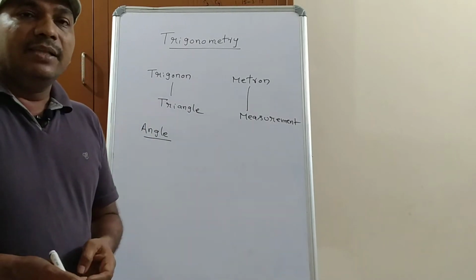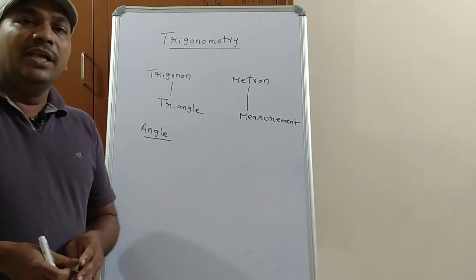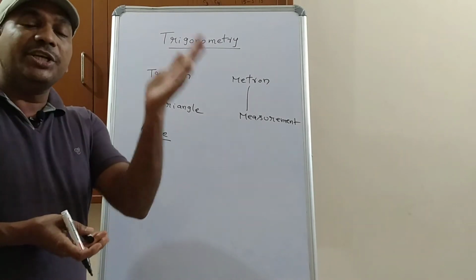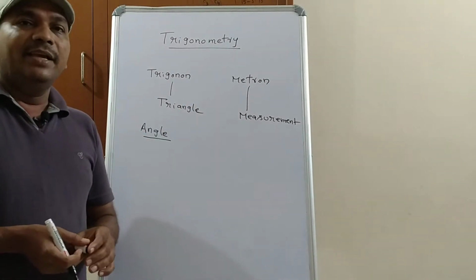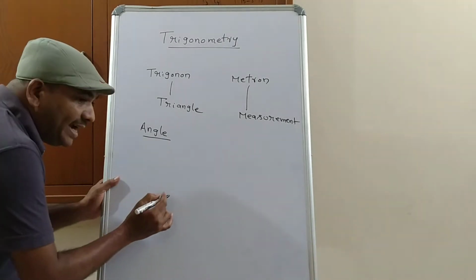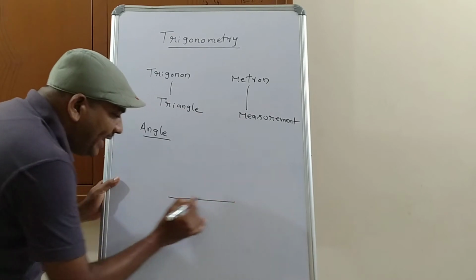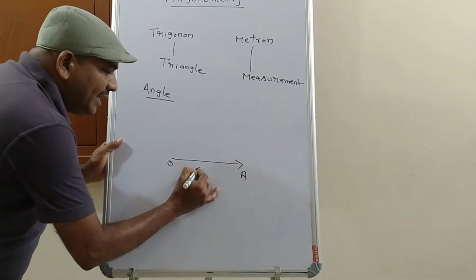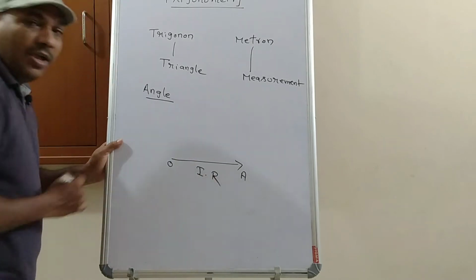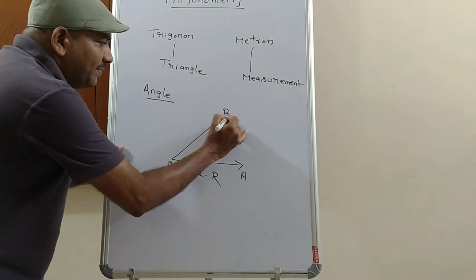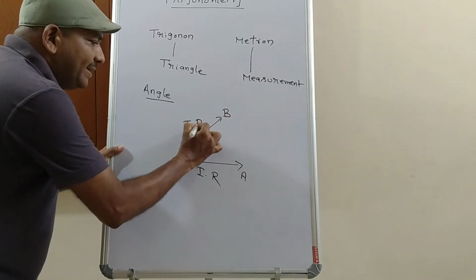Angle means the amount of rotation to bring the initial ray into the position of the terminal ray. So, let us take OA, initial ray, and OB, terminal ray.